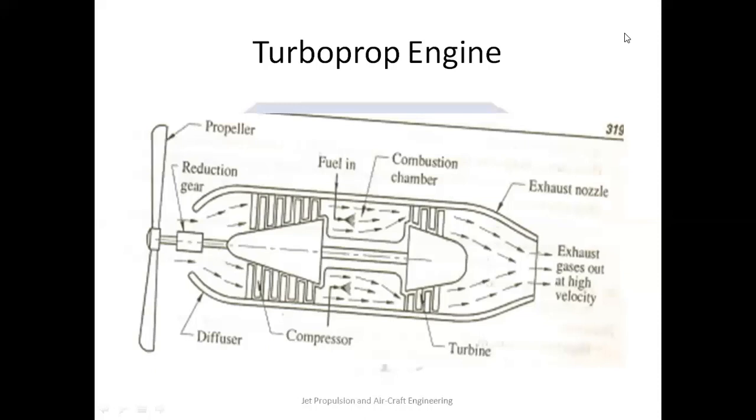So let's say around 20 to 30% energy only contributes to produce the thrust by velocity difference of gases leaving and air entering the aircraft. The propeller also provides the useful thrust, which is an additional thrust, and the reduction gearbox is used between the propeller and turbine shaft to reduce the RPM at propeller shaft.